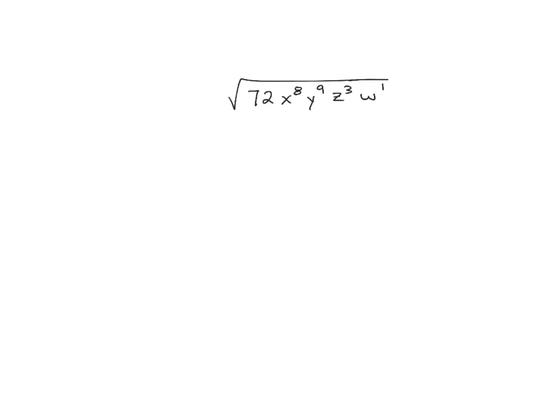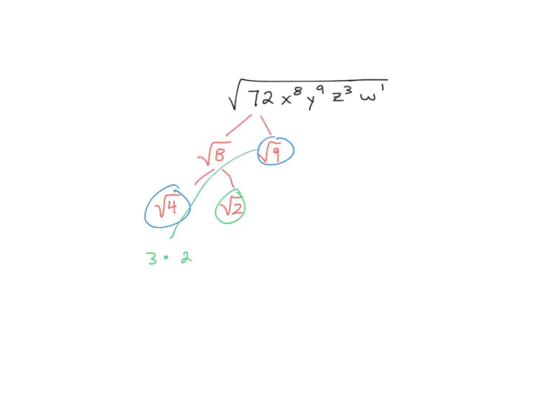I'm going to try to use, best I can, numbers which are going to give me perfect squares the quickest way. For here, I go straight to a perfect square, straight to a prime. I have 3 times 2 on the outside. The 3 comes from here, the 2 comes from here, and so I end up with a 6.